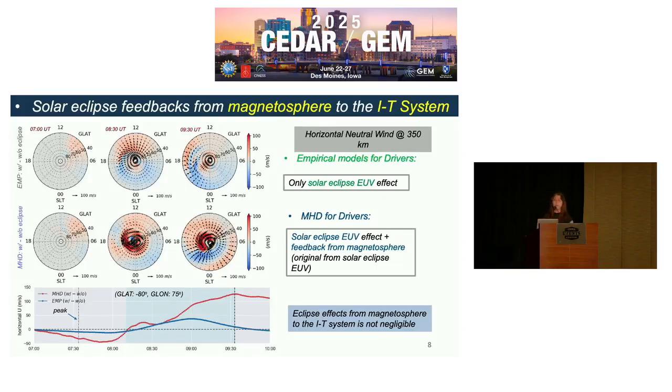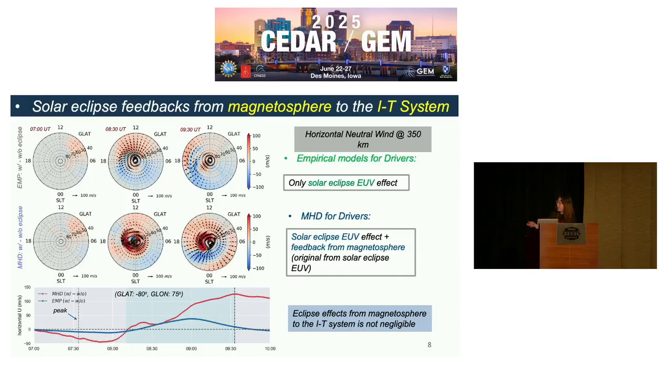We look at the feedback of the magnetosphere to the ionosphere-thermosphere. The top panel basically shows the GITM standard simulation, and the second row shows the case when we include both the solar radiation reduction and the feedback from the magnetosphere.